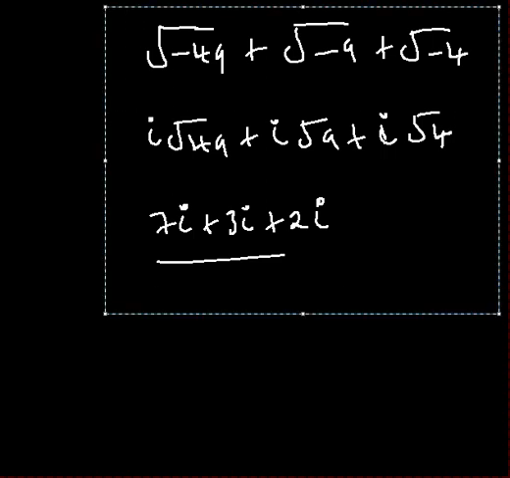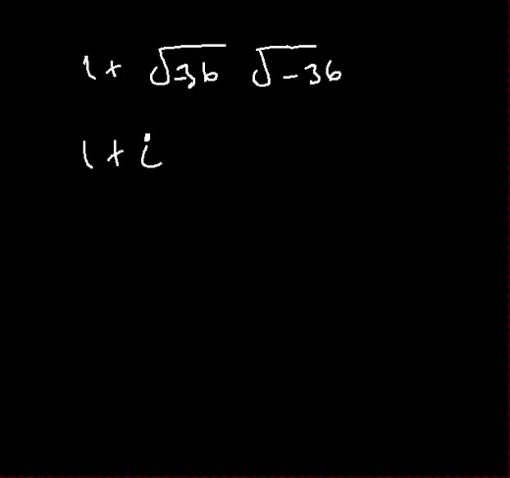And let's say we have a case like 1 plus the square root of negative 36 times the square root of negative 36. This is the same as 1 plus i times the square root of 36, times i times the square root of 36, and i times i is i squared.